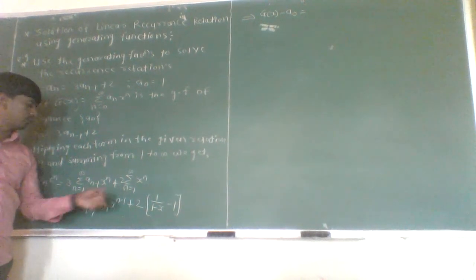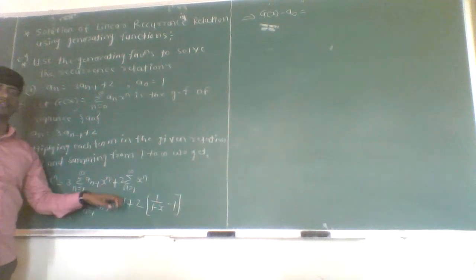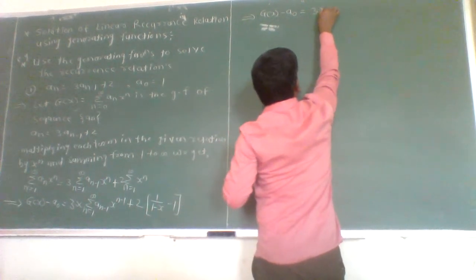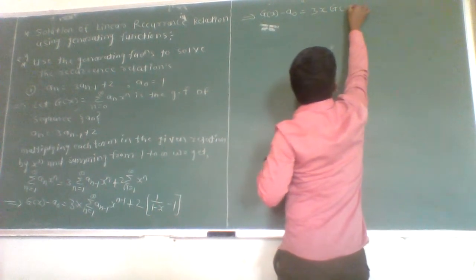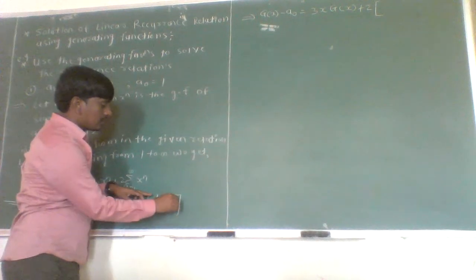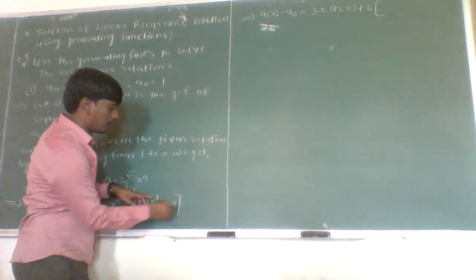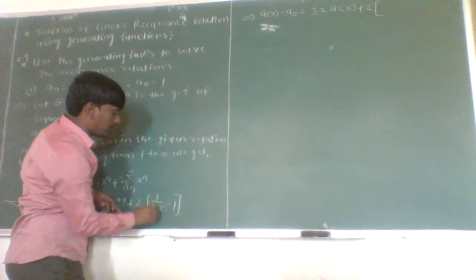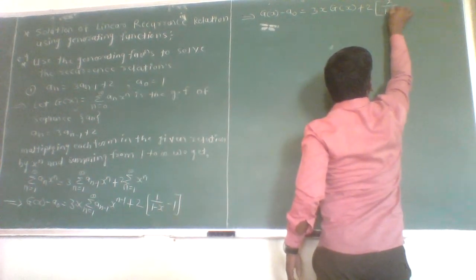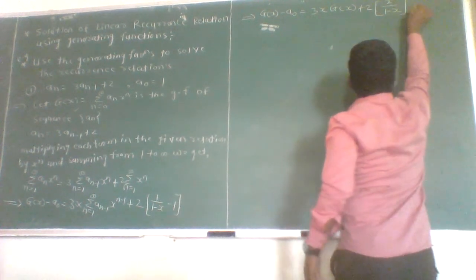As n is running from 1 to infinity, we get a_0 x^0, then a_1 x^1, and so on, which is actually nothing but g(x). So it is 3x g(x) plus 2 into (1 upon 1 minus x minus 1), which is nothing but (1 minus (1 minus x)) upon (1 minus x), that is x upon 1 minus x. So the second term is actually 2x upon 1 minus x.